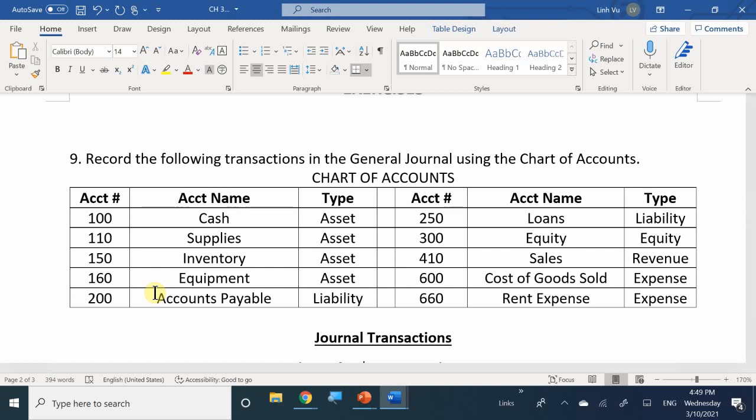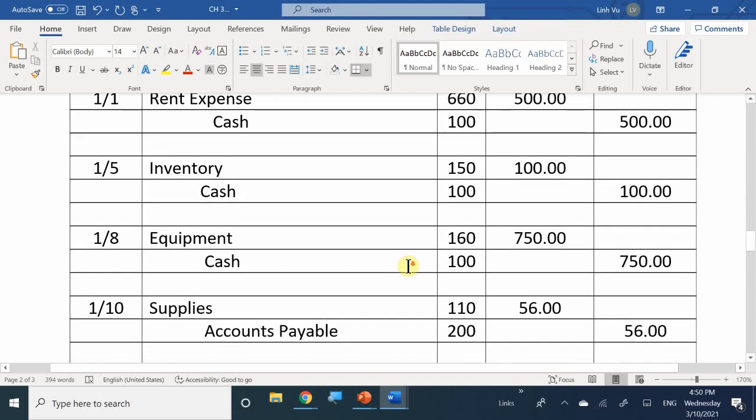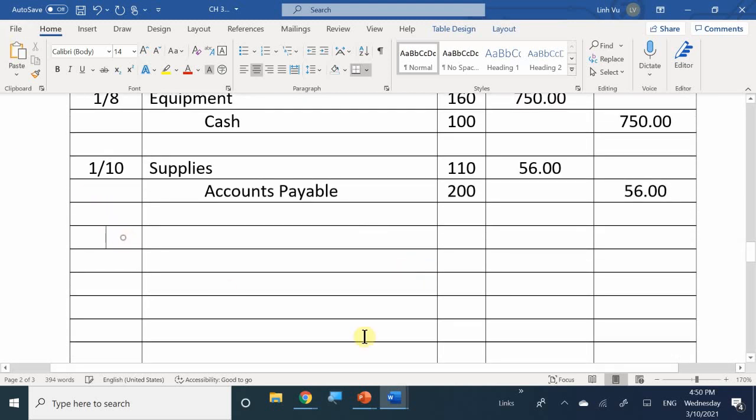Now let's take a look at my sales. What type of account is my sales account? Revenue, okay? How do you increase a revenue? You credit the account. Good. So we got cash for 100 and we have sales for 410. The date was the 12th.